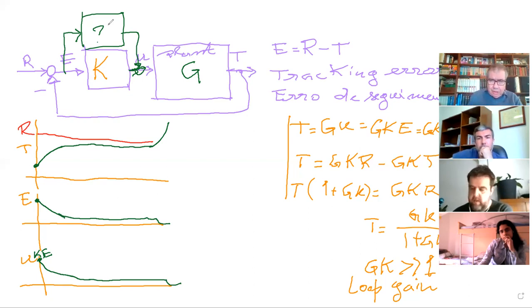So alternatives. Add a constant. A constant, we have it there. It does not work. No? But can we sum like E plus something? What do you mean, E plus something?